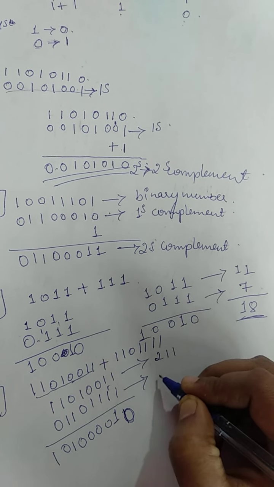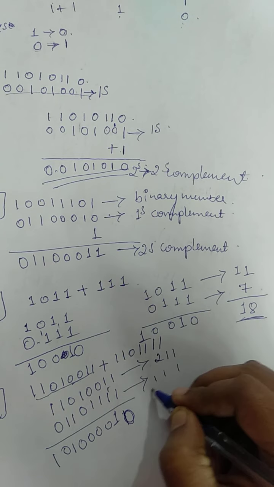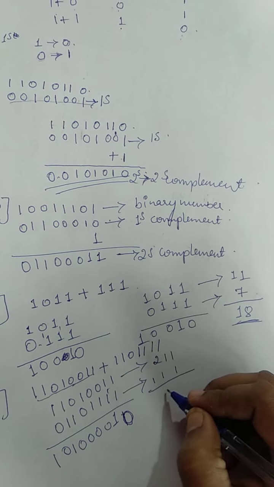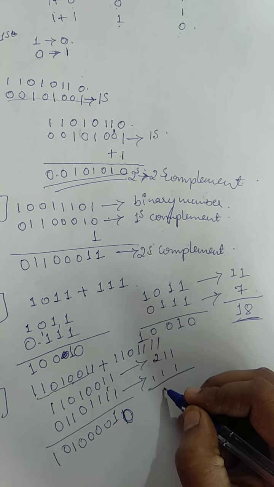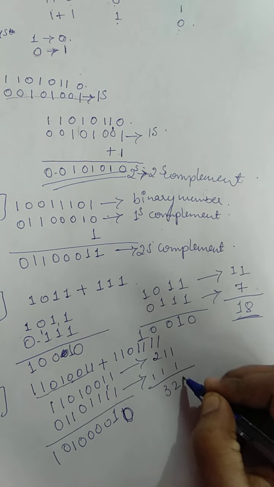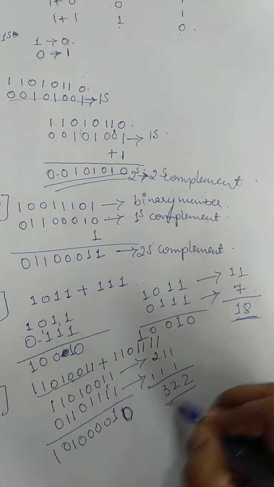Two, double one, then 1 1 1. The answer will be 211 plus 111, that is 322 in decimal value we got.